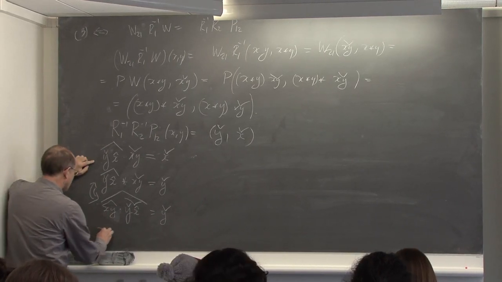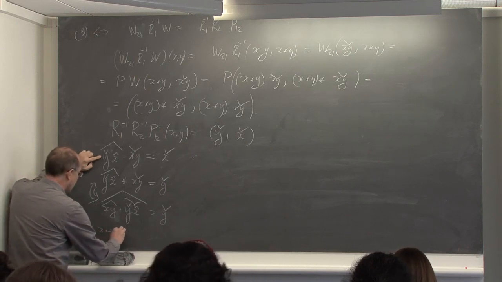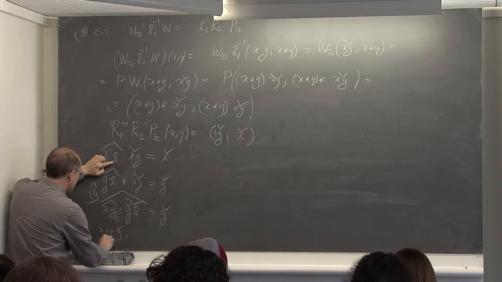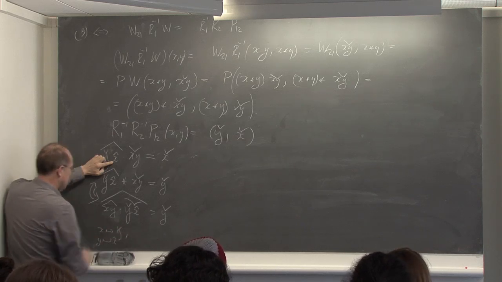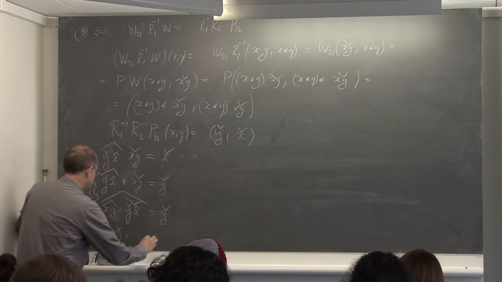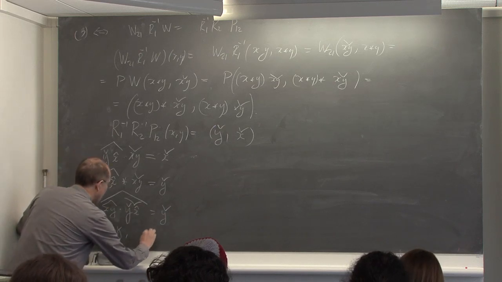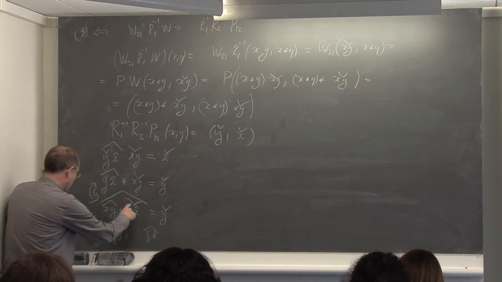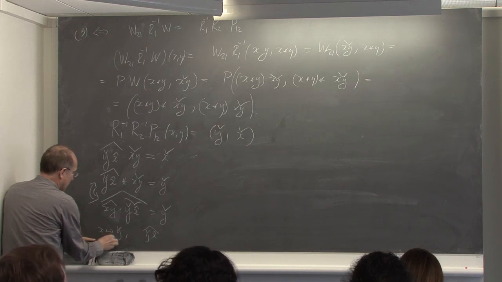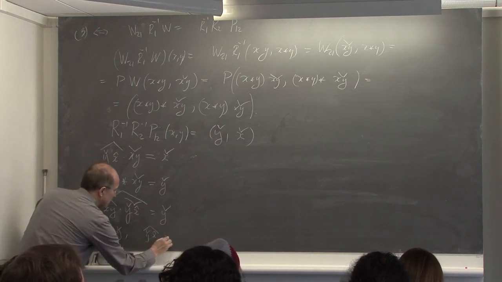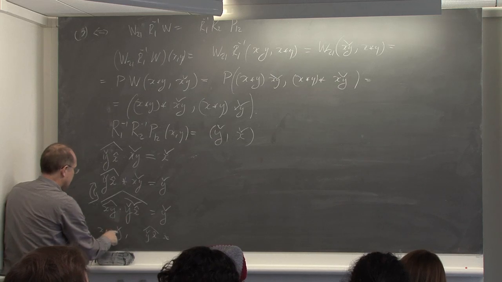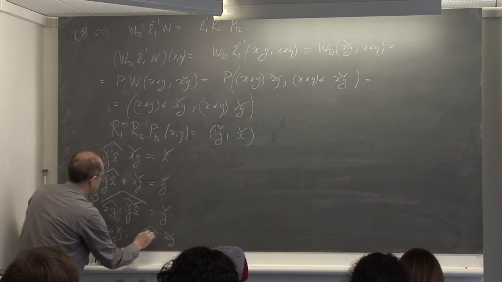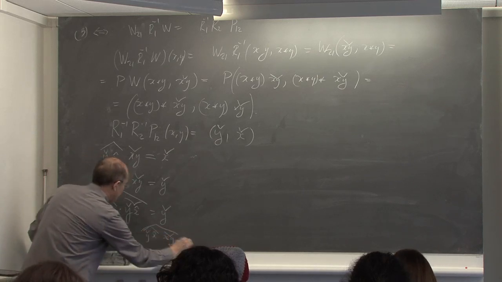So let us try. Now x we should replace by y check. And y we should replace by x hat. Let us do everywhere this substitution. So we get y check x hat hat. Now y check, so we put check, so we remove hat from here. So x hat. So we remove check from y, and the hat should be equal.